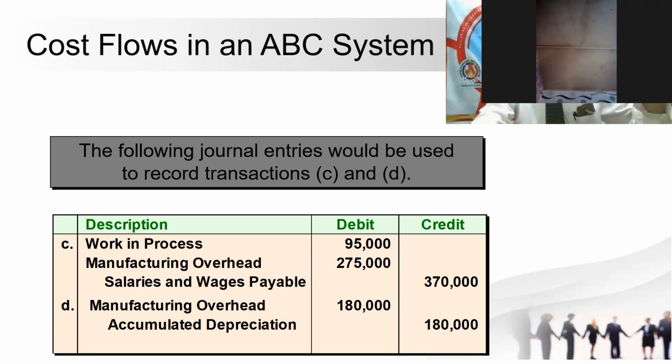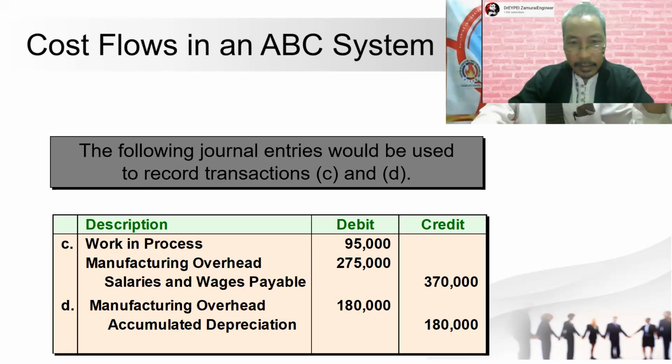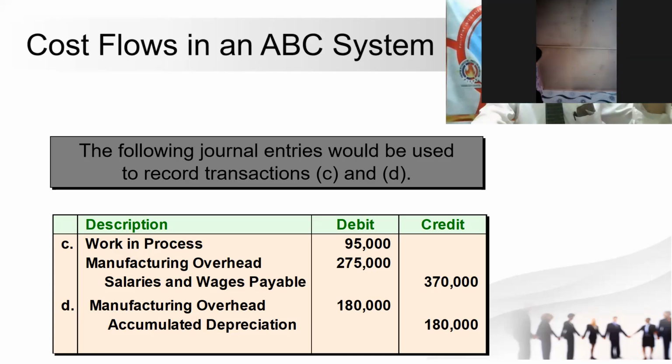Manufacturing overhead 275,000, debit, because they increase the work in process, they increase manufacturing overhead. That's why it is debit. Salaries and wages payable, we have to pay it. So that is credit.